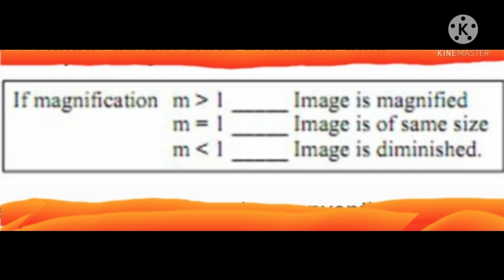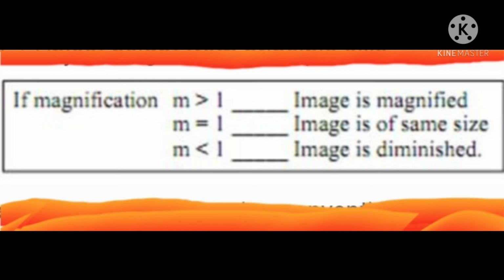The height of the image should be taken as positive for a virtual image. However, it is to be taken as negative for a real image. A negative sign in the value of the magnification indicates that the image is real.